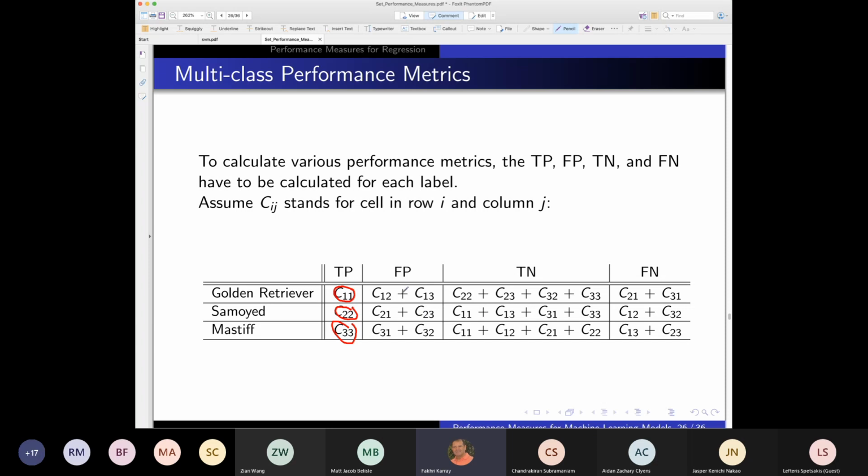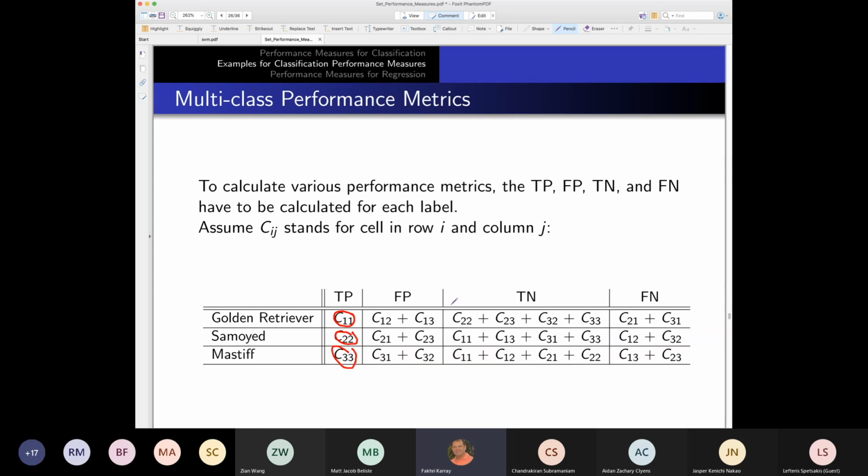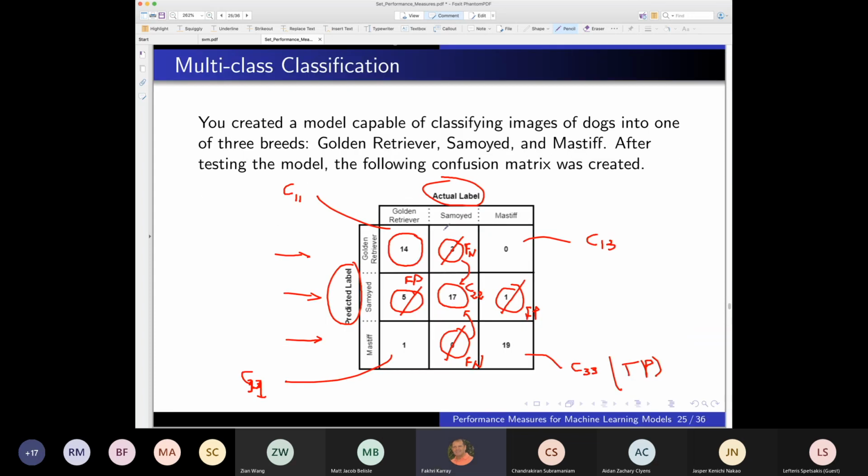So the false positive for the golden retriever is equal to C12 plus C13. What does that mean? This is false positive with respect to this particular animal. So the golden retriever here is the true positive, but here it's a false positive with respect to this particular class.